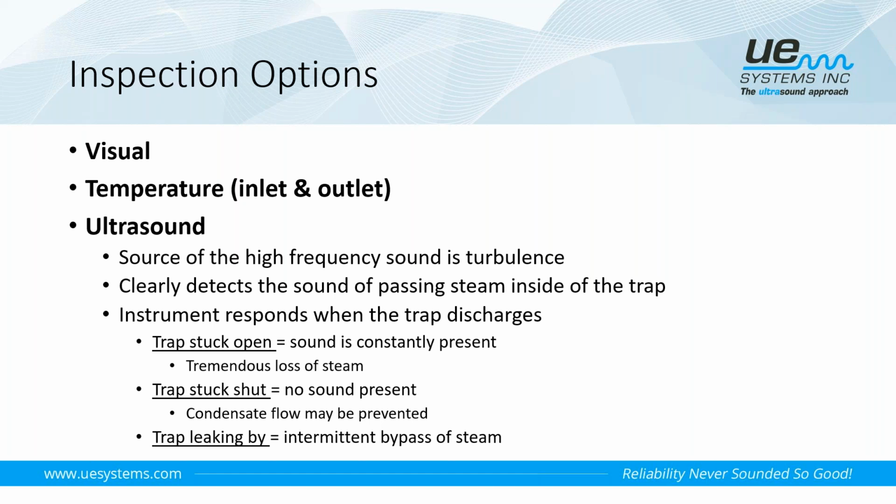Our third response is that we can determine if the trap is leaking by, which is an intermittent bypass of steam. Those are the three failure scenarios we can expect to see and hear when testing traps with ultrasound. There's a fourth, of course, where we determine that the trap is operating properly.